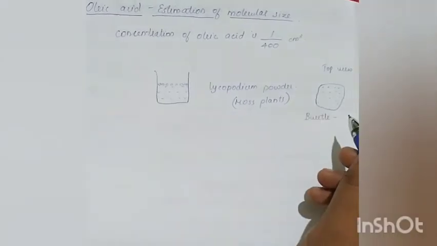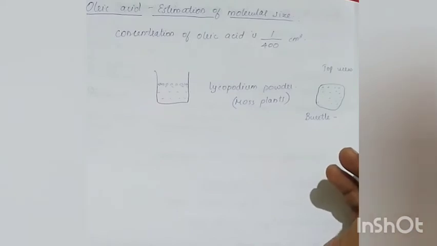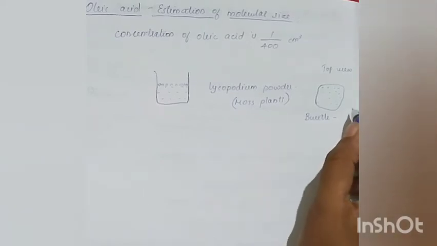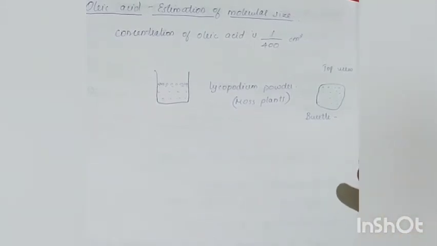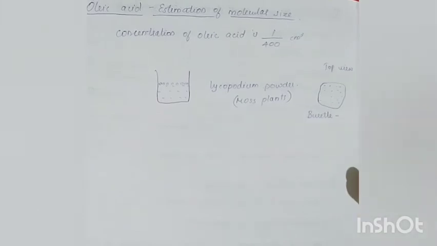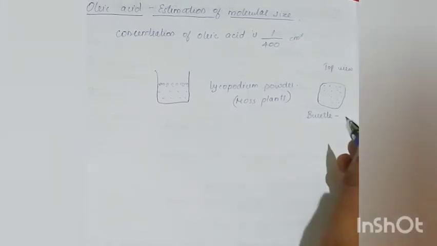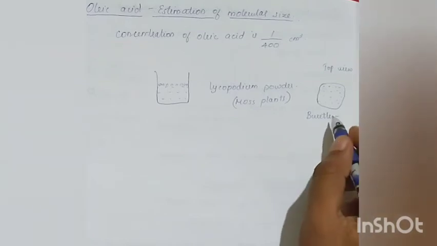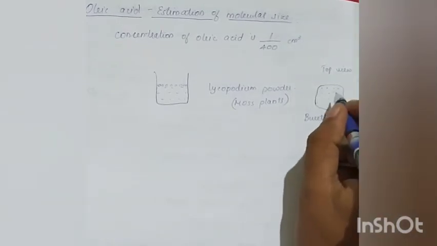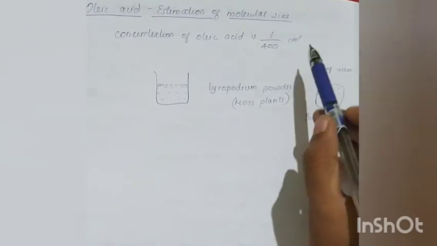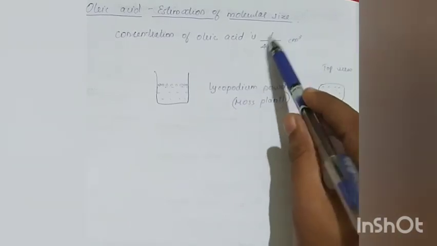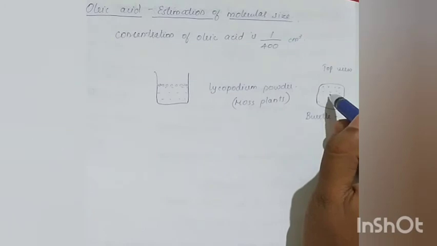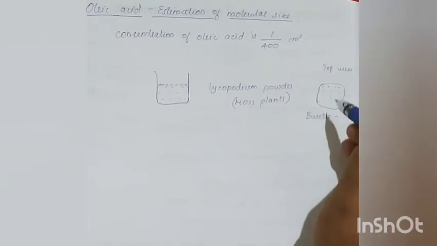A burette is equipment that we use largely in labs to get solutions drop by drop and to know the volume of the solution that is taken out of the burette. So a burette is a device with certain measurements which helps us to know the volume of drops that we are taking out of that burette. So using that burette, now we are going to put the oleic acid solution with concentration 1 by 400 centimeter cube to this layer of water.